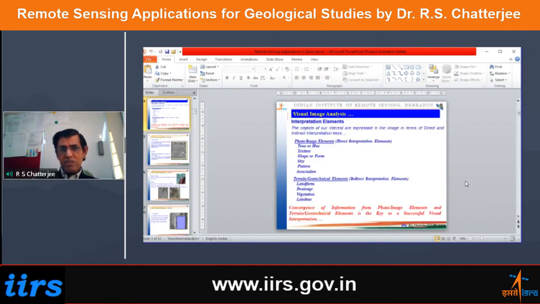Now, in visual image analysis, there are certain interpretation elements. What I told you, the direct interpretation elements are direct signatures, and then indirect interpretation elements.